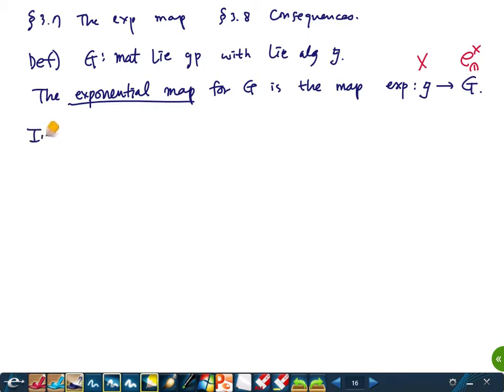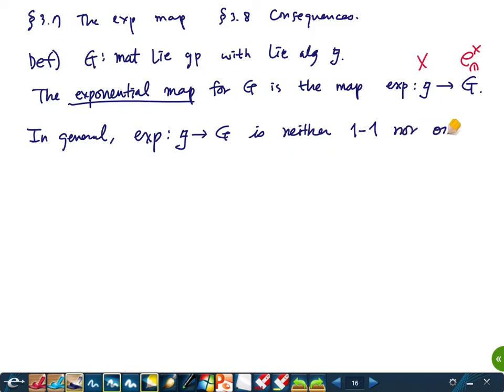In general, exp is neither one-to-one nor onto. However, it is still good. It is good enough locally.